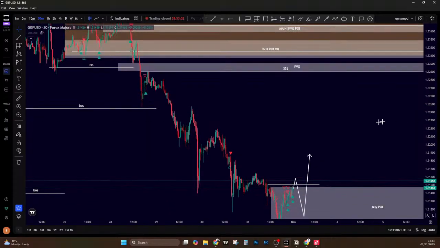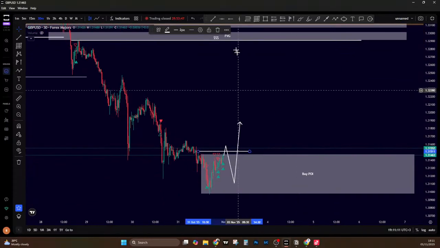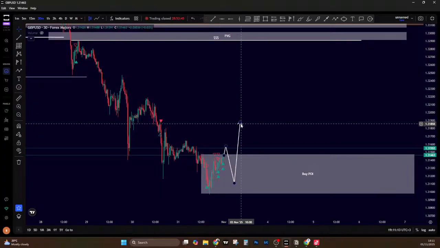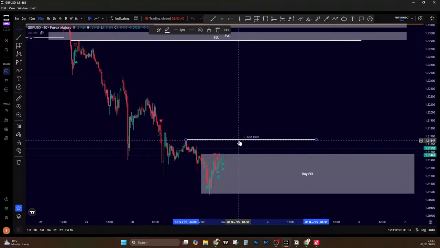So tomorrow, because tomorrow I just need one move. Actually, I can even be patient, because trading is about patience, and wait for the market to take that high. And then once this high is taken, look for a retest.